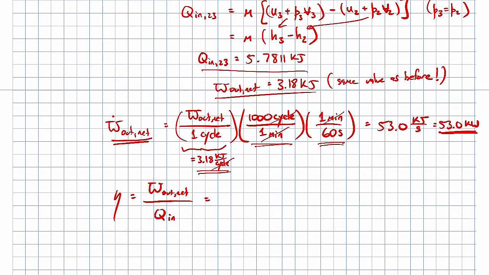So the net work out we just calculated is 3.18 kilojoules. The heat coming in is this heat from 2 to 3. So I'll write it as Q in 2 to 3, which is the 5.7811 kilojoules. So when you plug in those numbers, that comes out to be 0.550, or 55%.